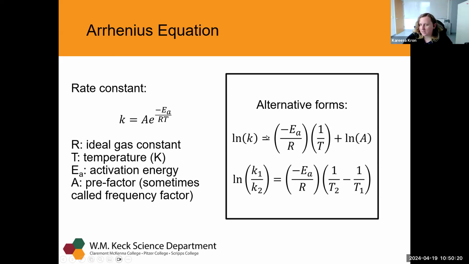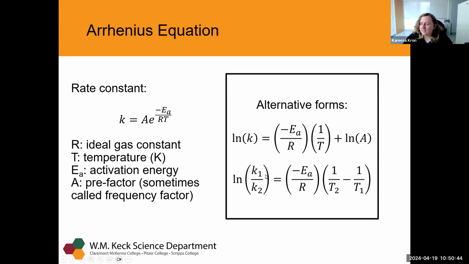And so if you look at this expression, it has the form of y equals mx plus b, if y is the natural log of k, m is negative Ea over R, x is 1 over T, and the natural log of A is b. So we could use this with data to tell us about the activation energy.